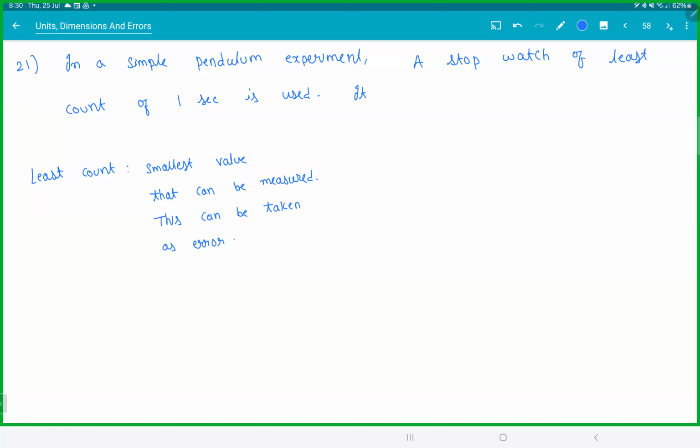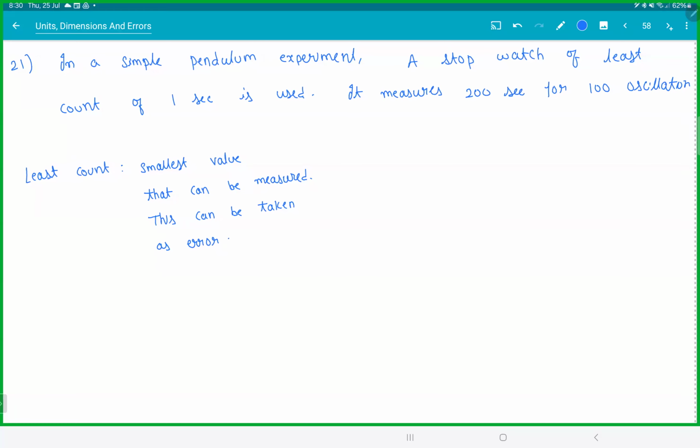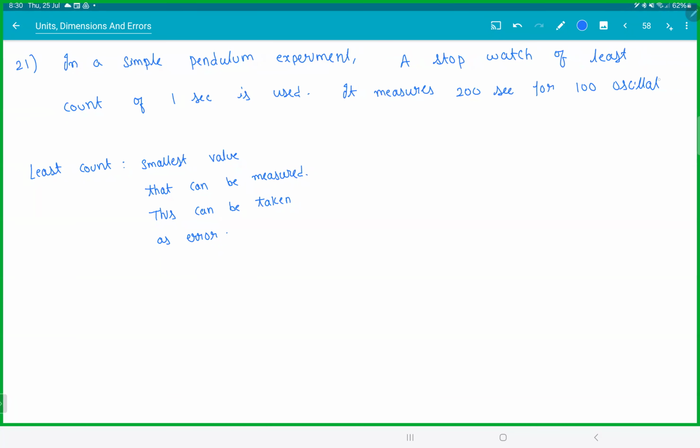So this thing measures 200 seconds for 100 oscillations. So when this pendulum is oscillating, the length of the pendulum is given as 1 meter plus or minus 0.01 meter.